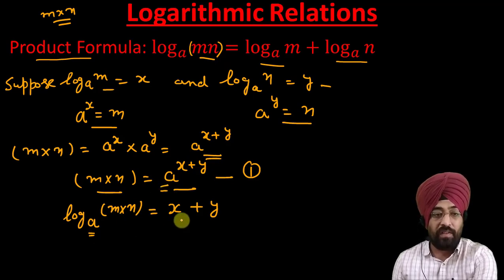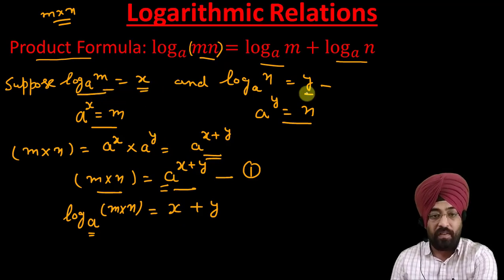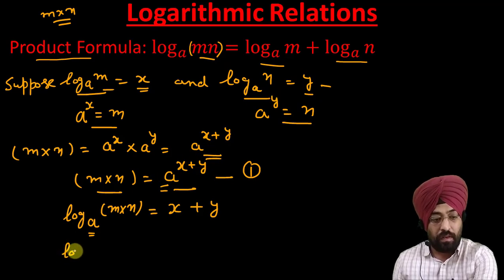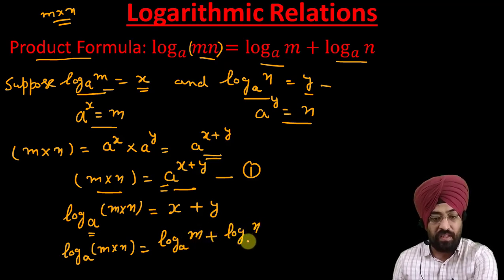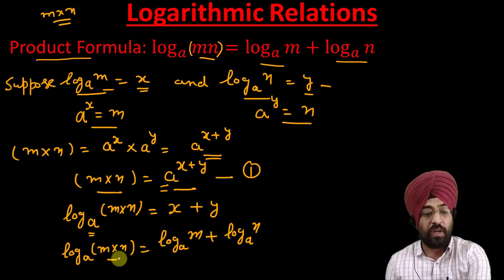Now what is the value of x? From here x is log of m with base a and y is log of n with base a. So log of m cross n with base a becomes log of m with base a plus log of n with base a. So it is a very important formula. It is called the product formula.